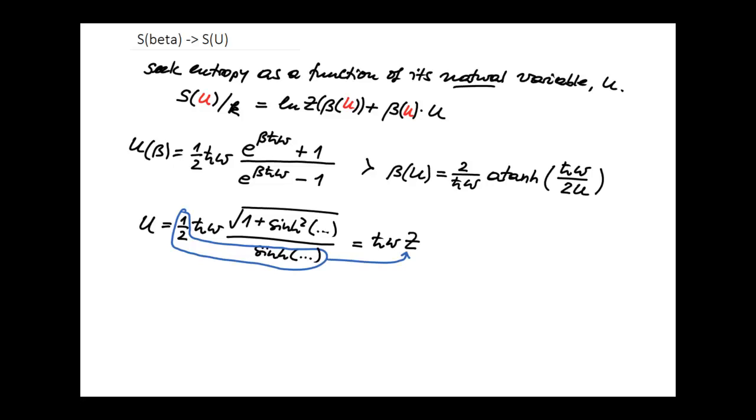So in this expression, we can replace 1 over 2 times the hyperbolic sine by the partition function. And then we still have the square root of 1 plus the hyperbolic sine squared. But again, the partition function is 1 over 2 times the hyperbolic sine, so the hyperbolic sine is 1 over 2 times the partition function. And the square of that is 1 over 4 times the partition function squared.